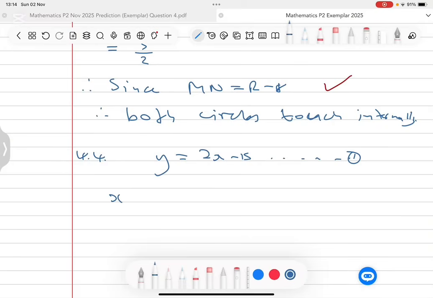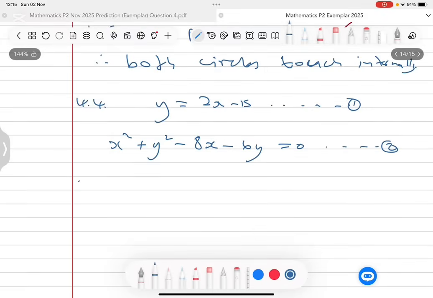And take the equation of the circle, which I was given to be x squared plus y squared minus 8x minus 6y is equal to 0 to be the second equation.